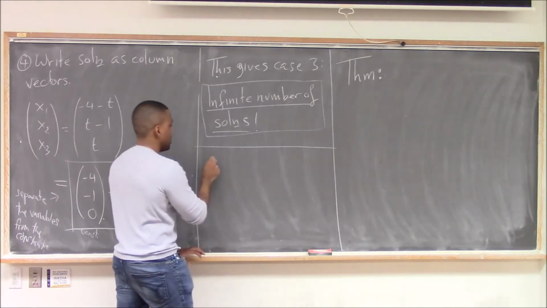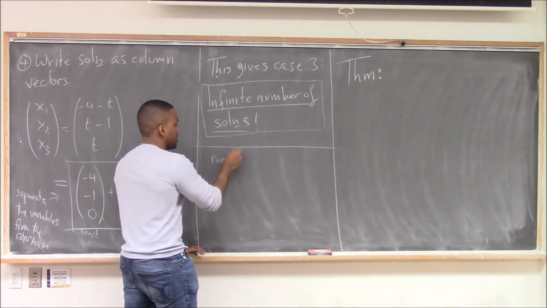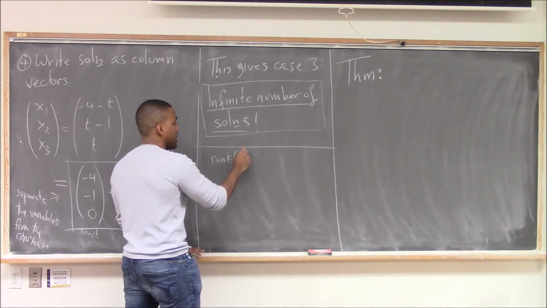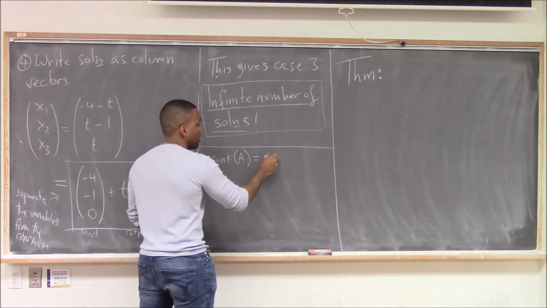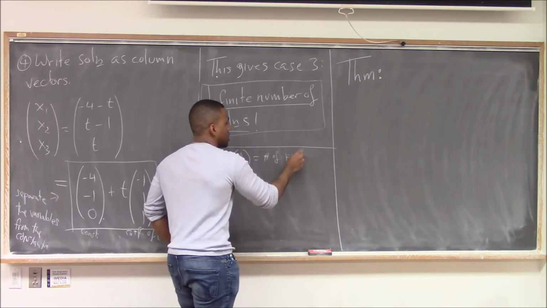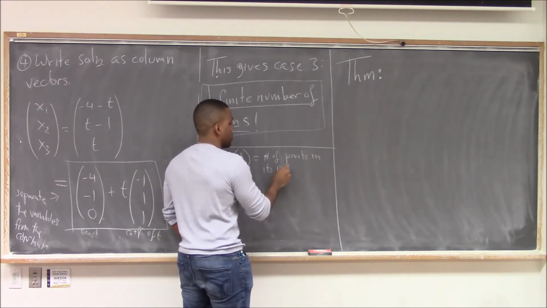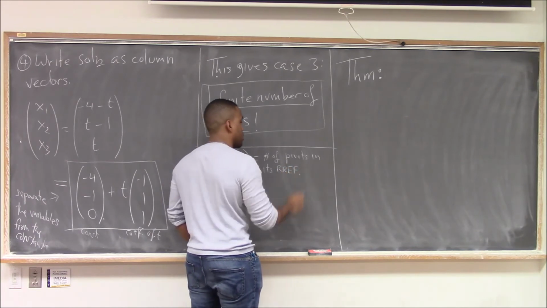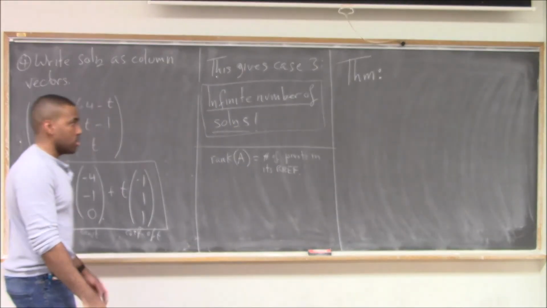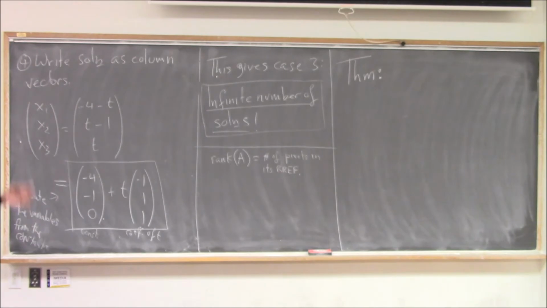I can talk about the rank: the rank of a matrix A is equal to the number of pivots in its reduced row echelon form. For example, in this example the rank was 2. In my first example, the rank was 1.